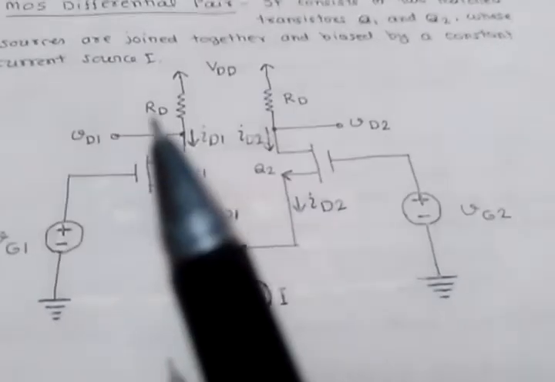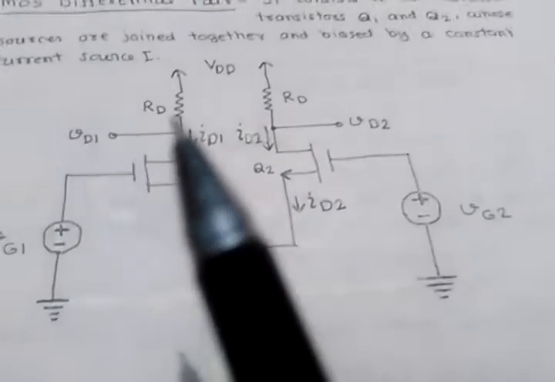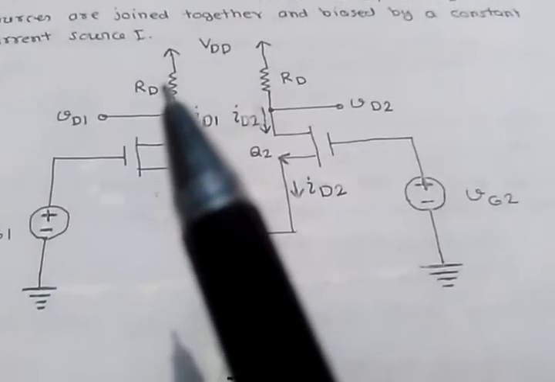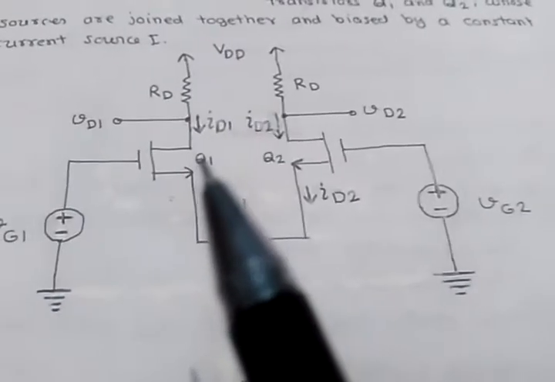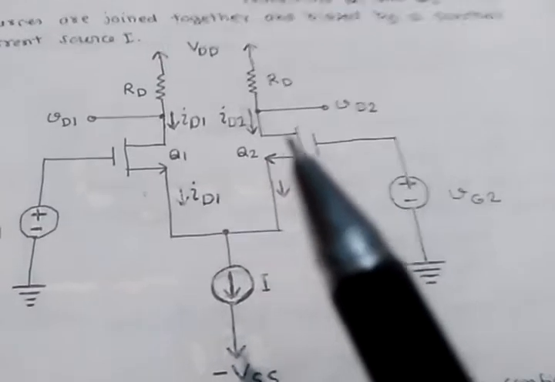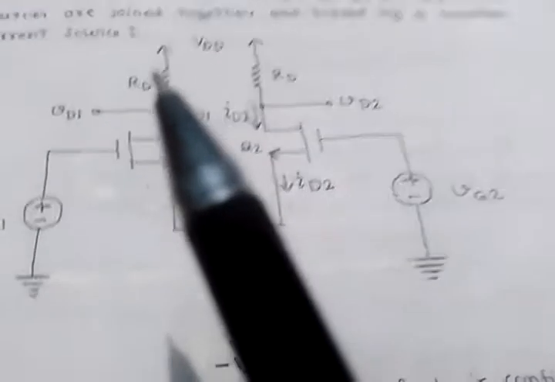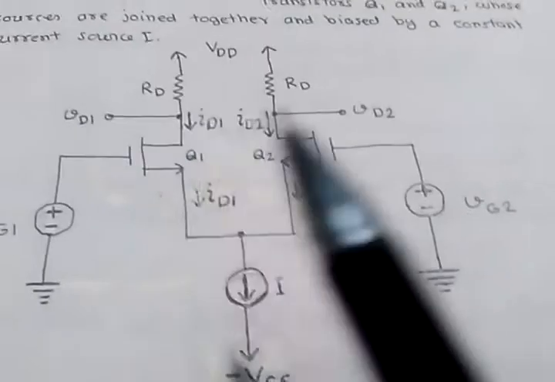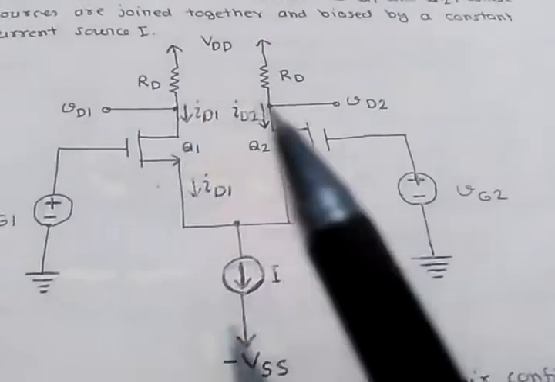We have connected a drain resistance RD at the drain of Q1. The same value resistance is connected at the drain of Q2. There should be no mismatch between these two resistors. The values should be same.